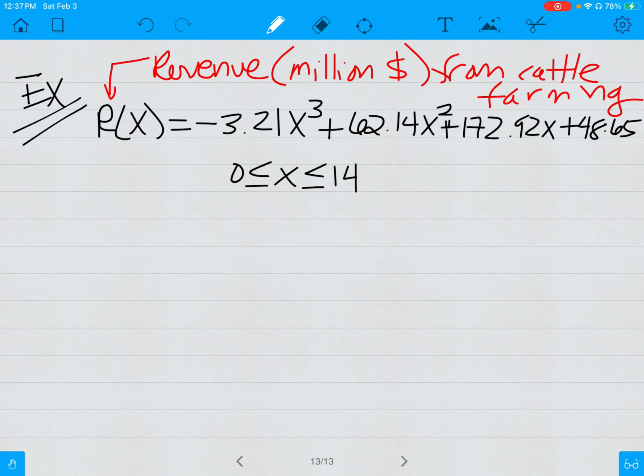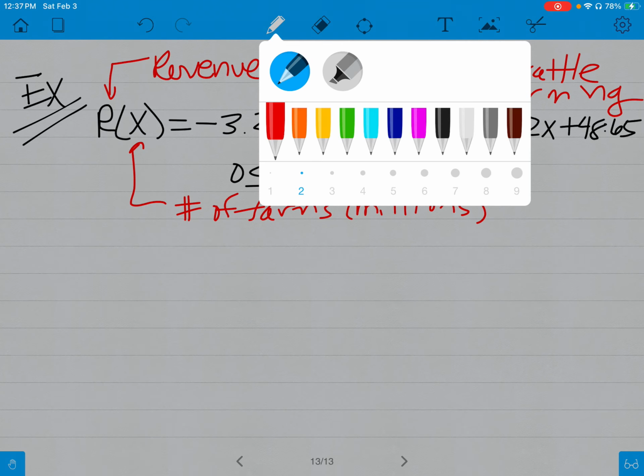And then our x represents the number of farms, in millions. And we want to find what is the point of diminishing returns.